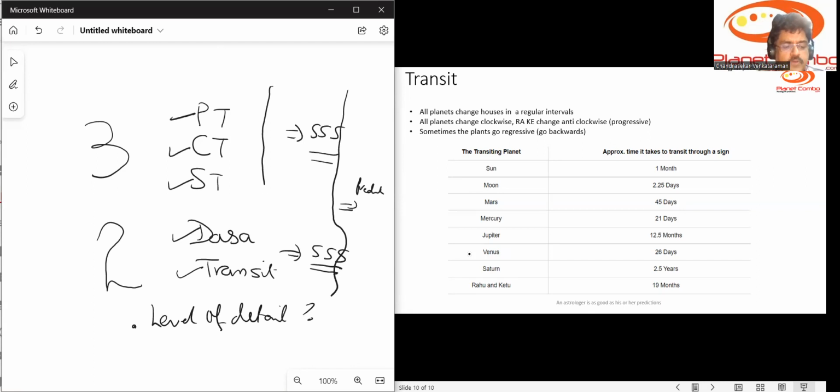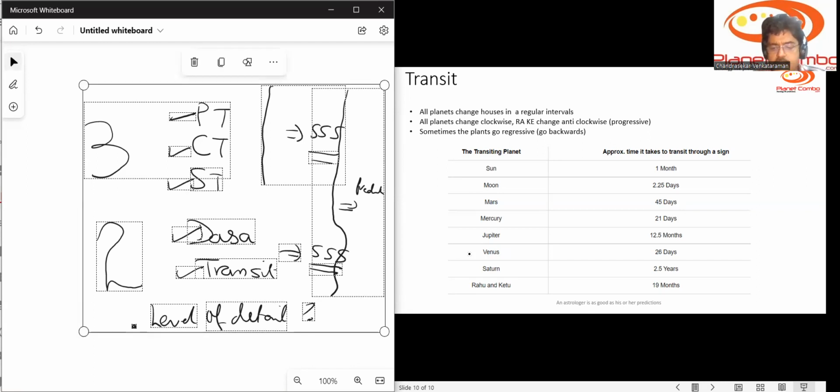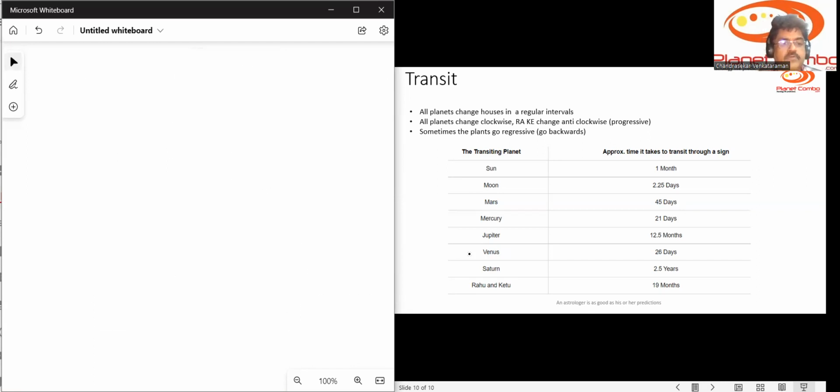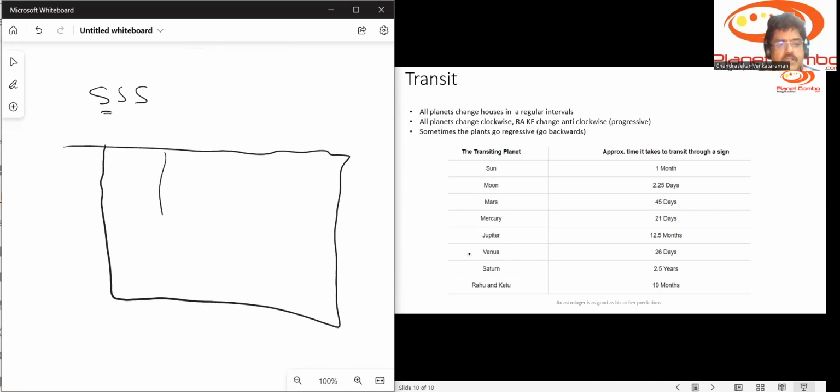Okay. If you go to a normal, traditional Vedic astrologer, there is no SSS. Okay, it is only sign lord, correct? So he or she will give you a very simple chart, which is equal distribution. This is how they'll give you the chart.